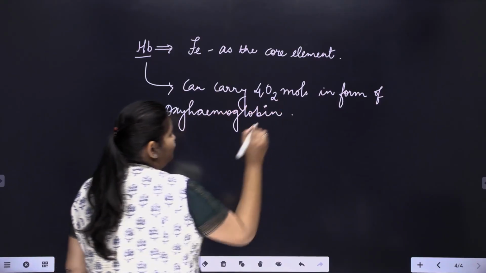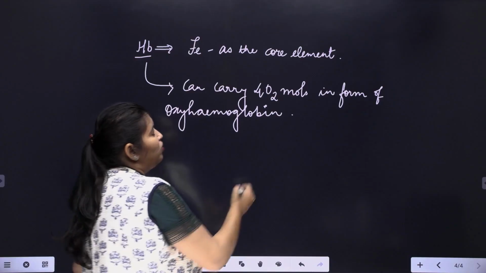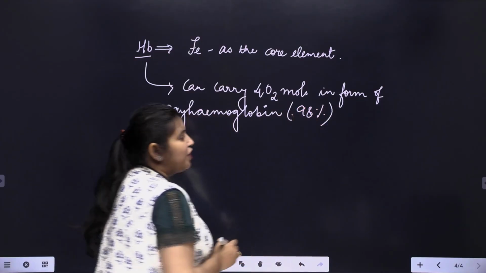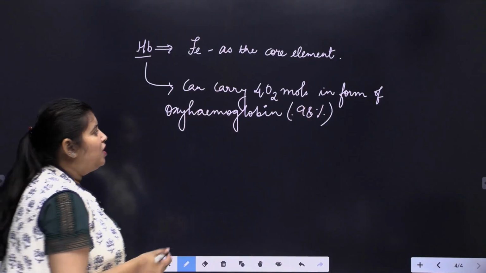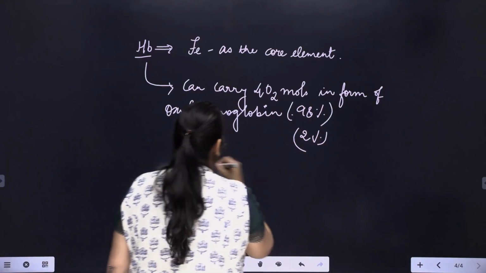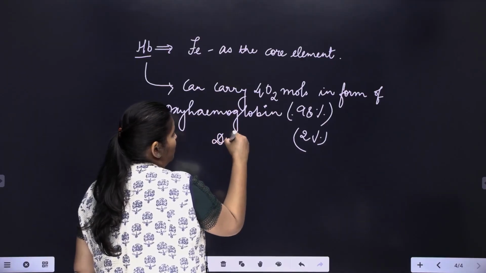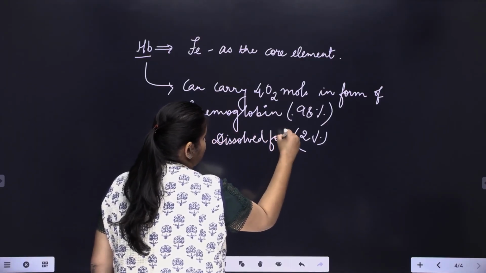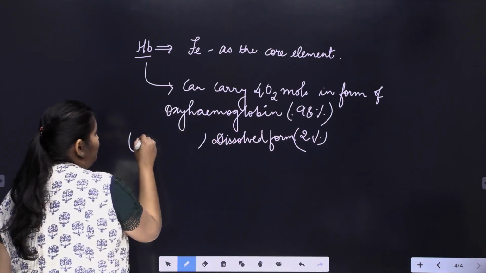This is the combined form. So about 98% of oxygen is transported as oxyhemoglobin, and 2% of it is transported dissolved in plasma.